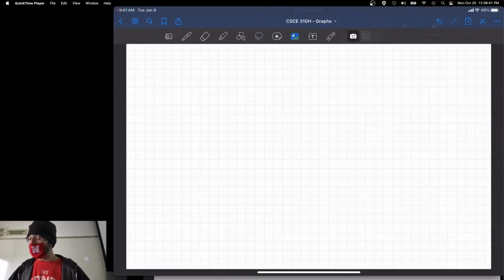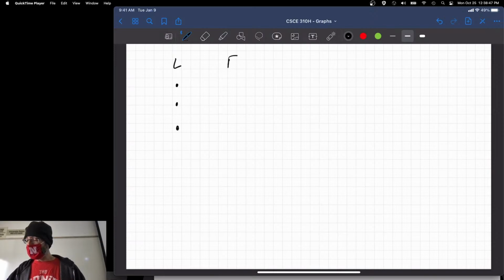Let me go ahead and give you an example here. So here's my left partition with a bunch of vertices. Here's my right partition, maybe with a bunch of vertices. I'll just draw two here. And you end up drawing connections between the two partitions, never among them.